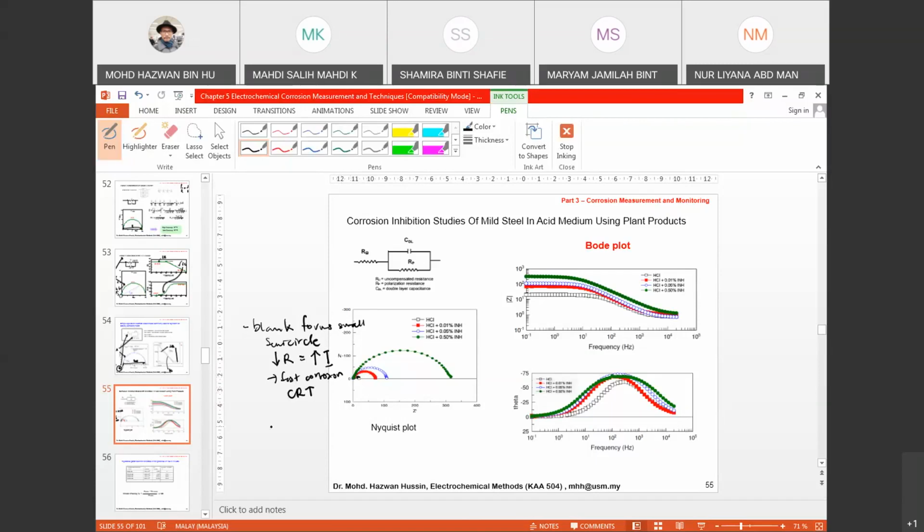So when you add inhibitors, you'll see that it forms a bigger semicircle.